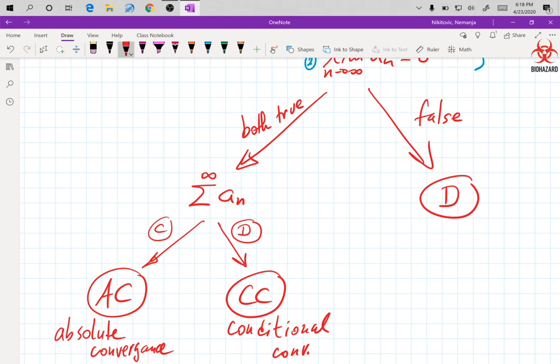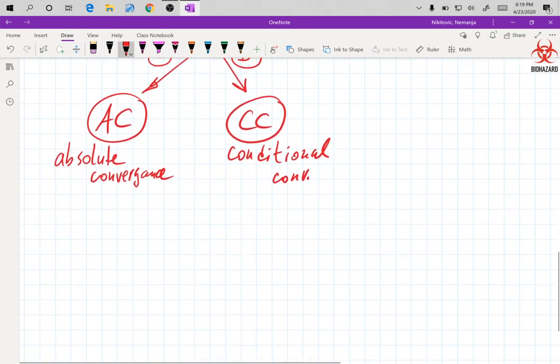And then you have alternating tests here which will have absolute convergence, conditional convergence, or divergence. And I just need to understand what this means. Other than that, you can just follow through on this diagram and compute values. It's really straightforward. Let's take a look at some examples.